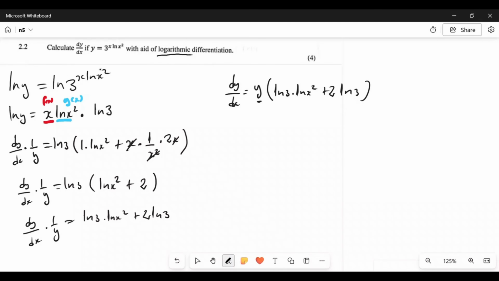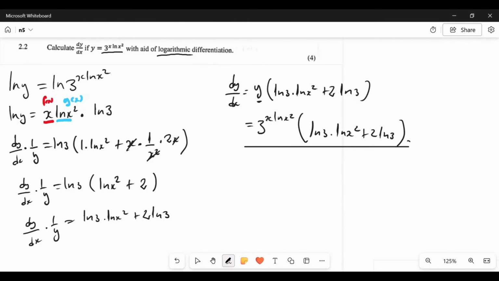Remember, y is equaling our original expression there. So dy over dx is actually equaling 3 to the power of x ln x squared, open bracket, ln 3 multiplied by ln x squared plus 2 ln 3, close bracket. So this here, guys, is our final answer.